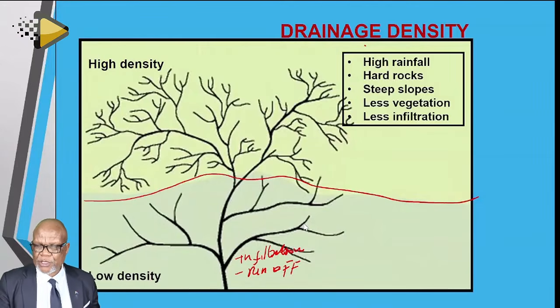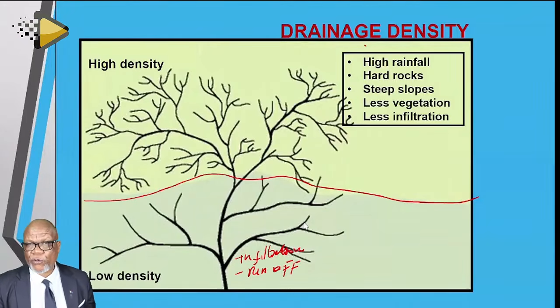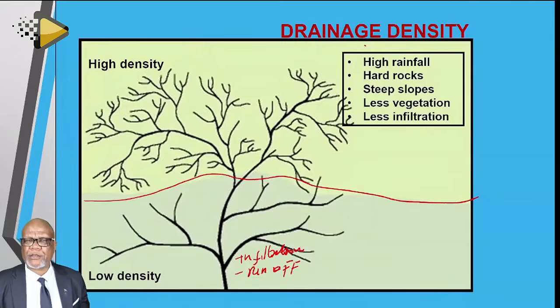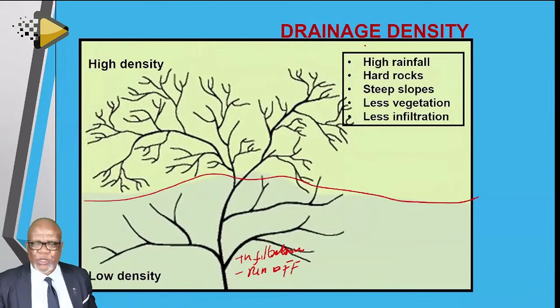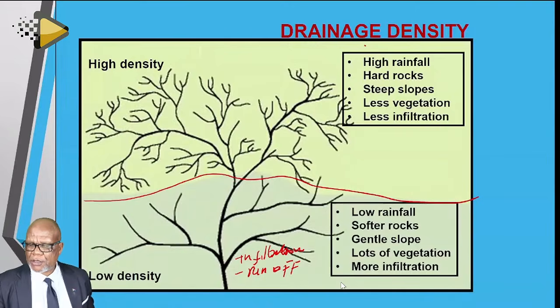Surface runoff is the flow of water on the surface, and infiltration is the absorption of water by the earth's surface. Now, there are factors that are going to influence drainage density.